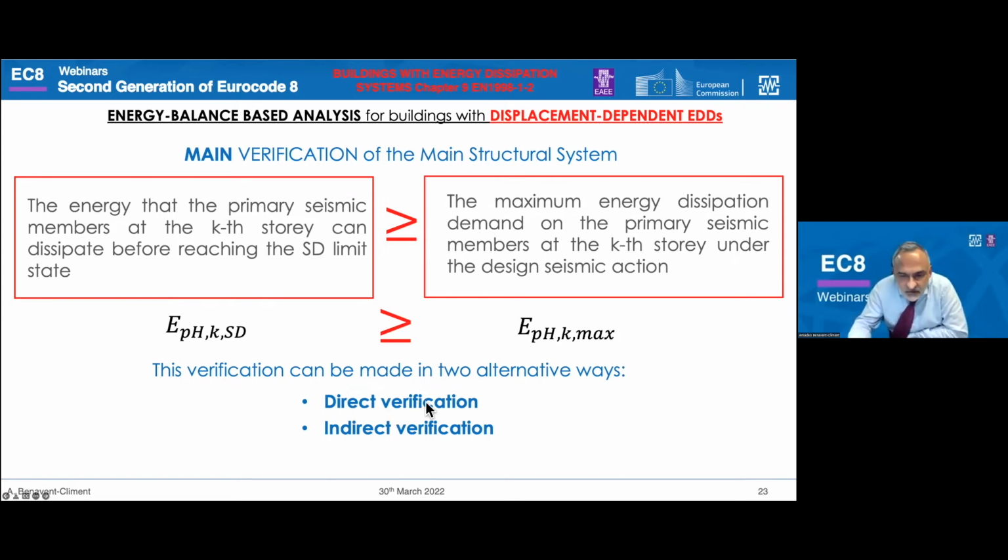A direct verification, that is the recommended verification and the most rational verification, or an indirect verification that is similar to the one that I explained before for buildings with velocity-dependent dampers.